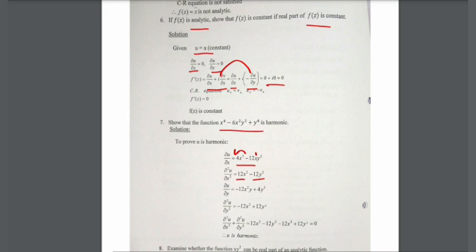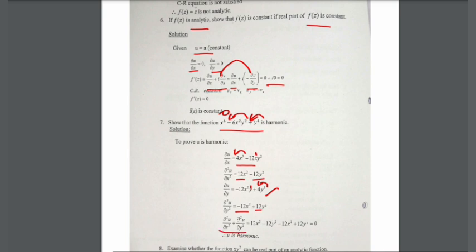Next differentiate u with respect to y, the first term is 0, this value will become minus 12x²y plus 4y³. I differentiate it again with respect to y, I get minus 12x² plus 12y².